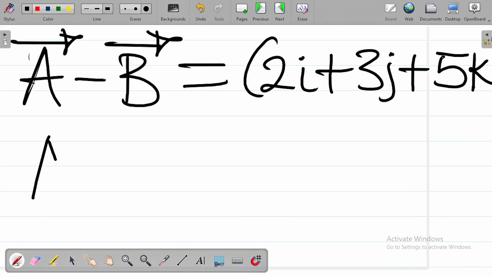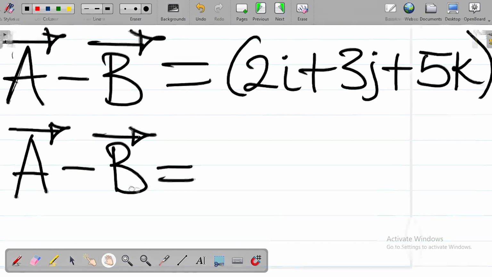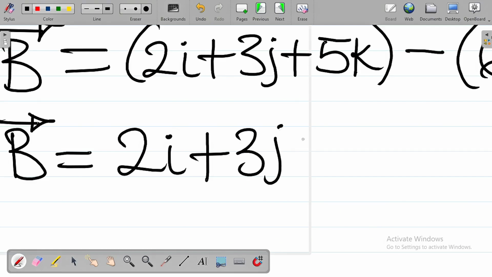So we have here vector A minus vector B is equal to 2i plus 3j plus 5k.